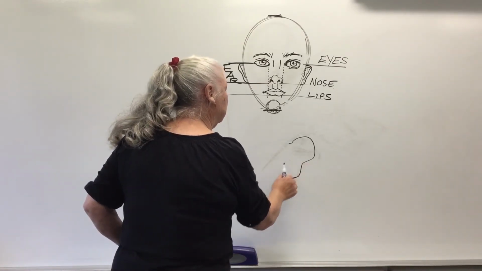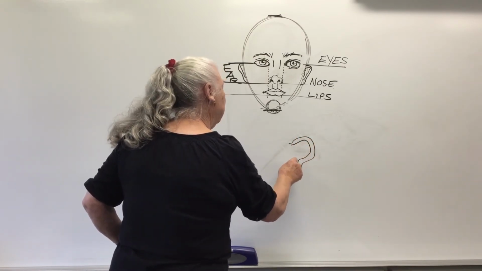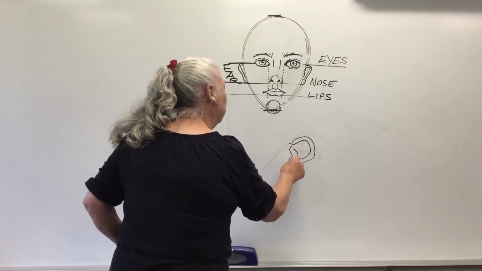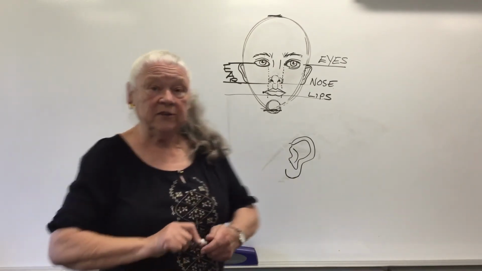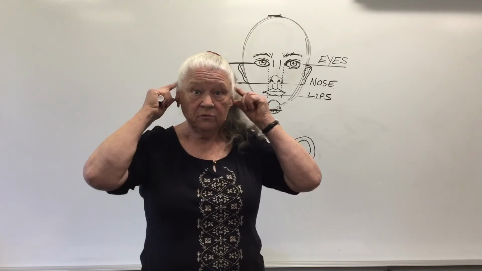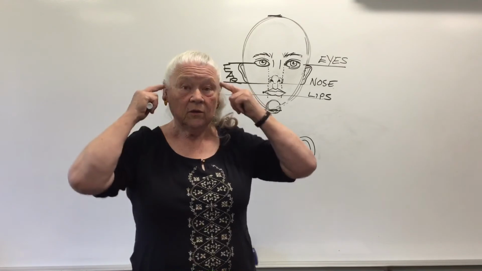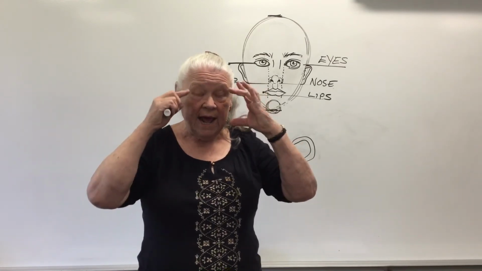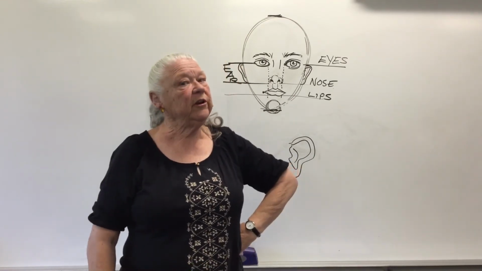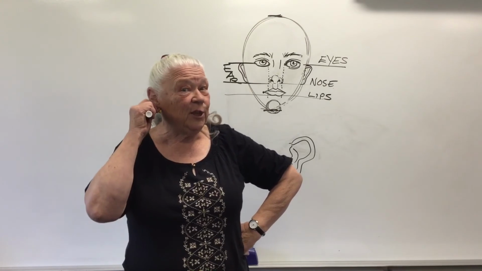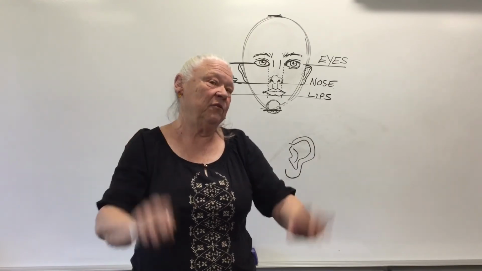This is a hereditary thing, where your ear goes this way, and you have this little thing here, and this is where you put your earring. The trouble is, when you're looking straight at somebody, you don't see the entire ear like you do sideways. You only see parts of it. But it actually comes between your eye and the bottom of your nose, except when you start getting older. Then we find out the ears start to get longer and the nose starts to get longer. But we don't have to worry about that today.